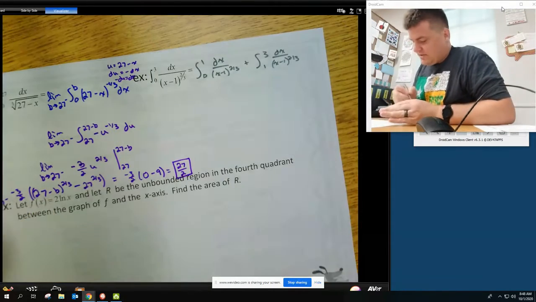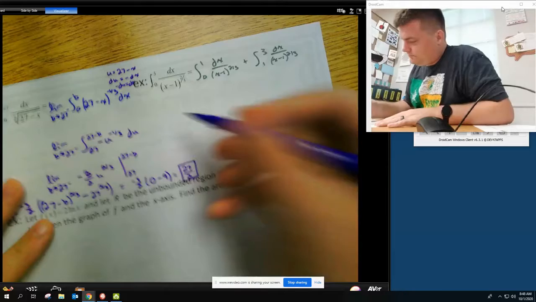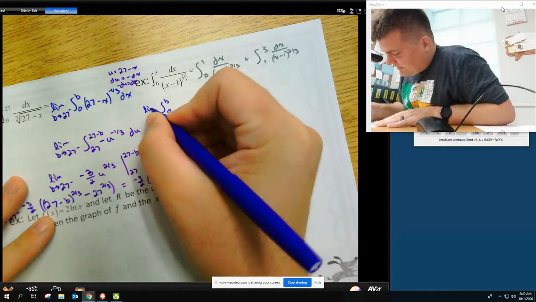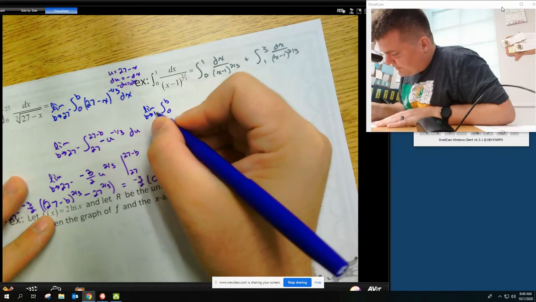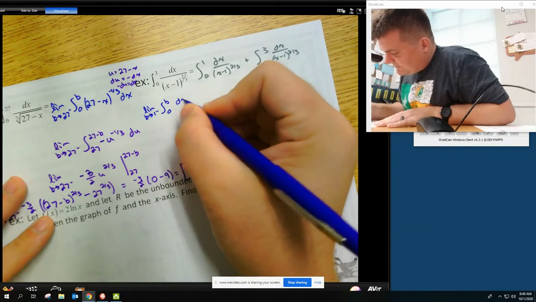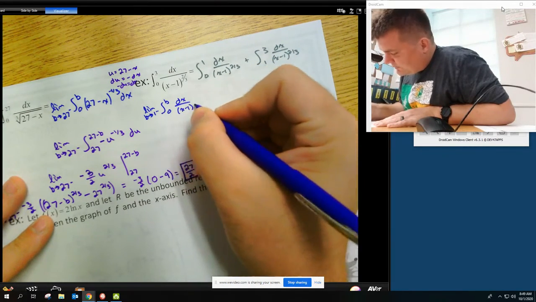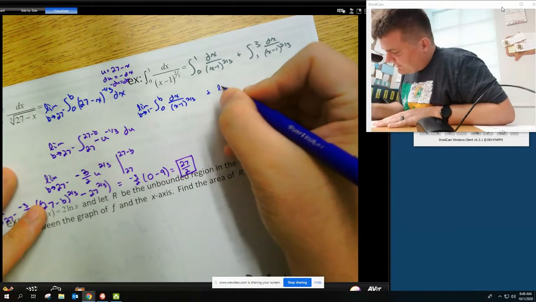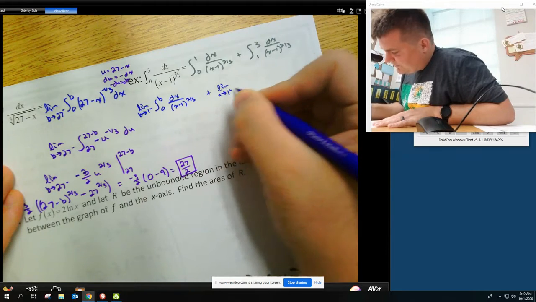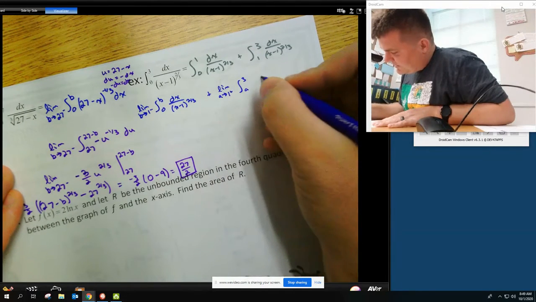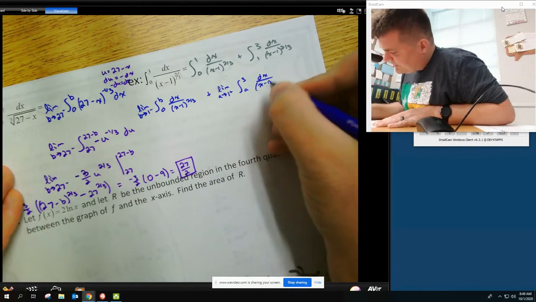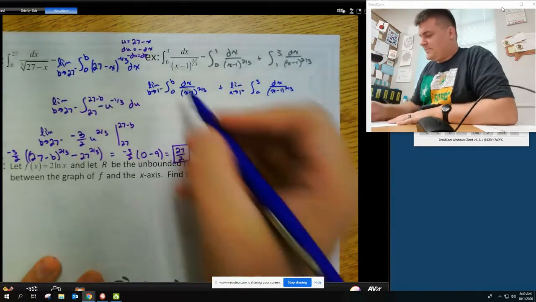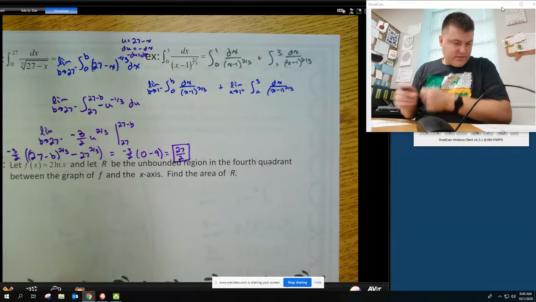On this left side, the limit as b approaches 1 from the left of the integral from 0 to b of dx over x minus 1 to the 2/3, plus the limit as a approaches 1 from the right of the integral from a to 3 of dx over x minus 1 to the 2/3. So just be careful on that. This is the big part right here. After this, not so bad for integrating.